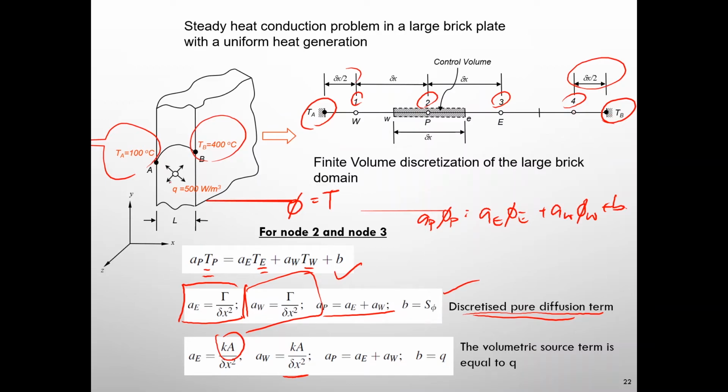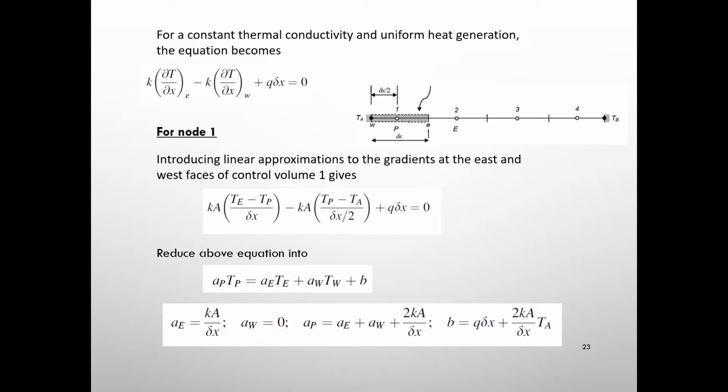And the source term. Here the source between these 2 points is Q, the heat generation, which is the source term. For constant thermal conductivity and uniform heat generation, the equation becomes this.